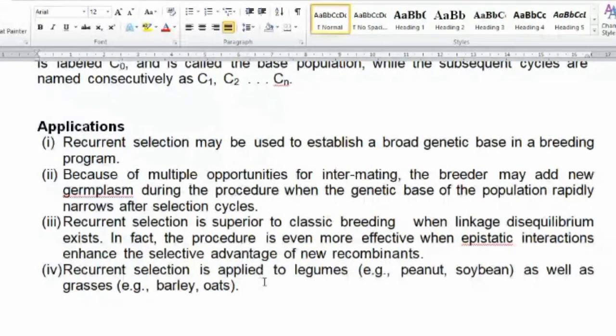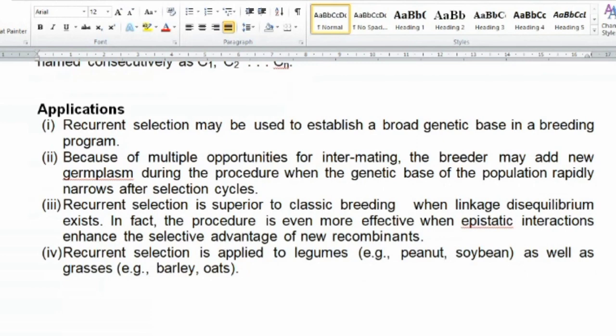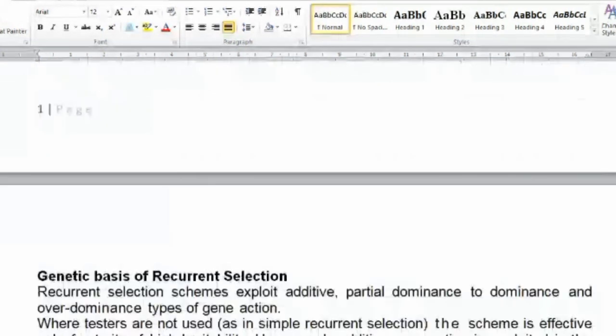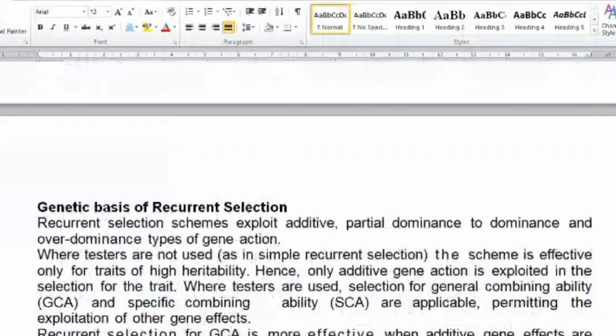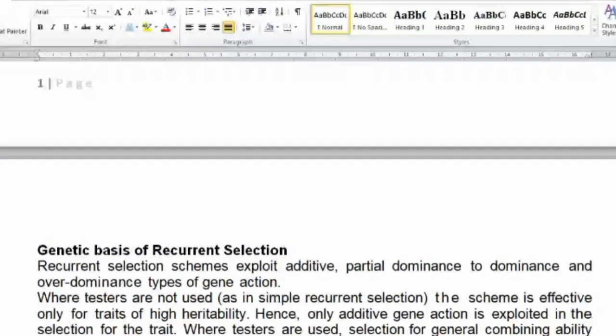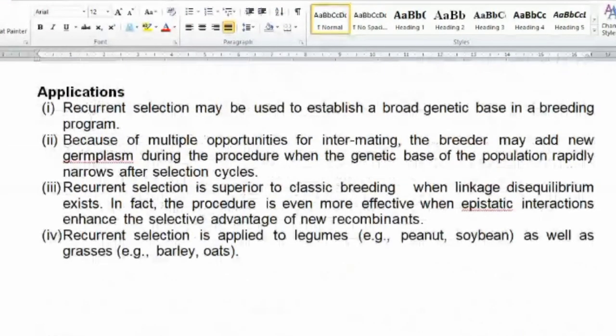Recurrent selection may also be applied in legumes like peanuts and soybean. It has also been applied in barley and oats. So that was about applications, where it is applied.